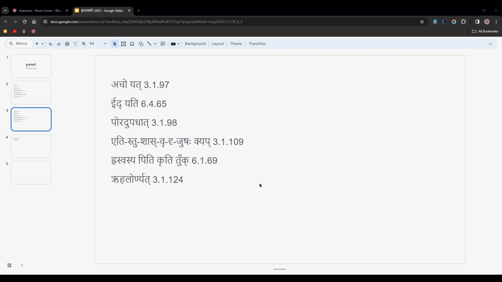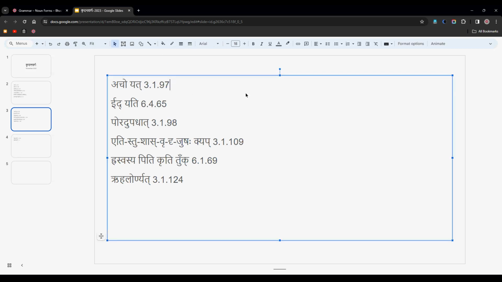The dhatus which are there, like gam, lu, that is the original form. Original means this is also a synthesized form given by the Dhatu Patha, which is composed or compiled by Panini himself. Again something happened. Okay, I'll just type it here.